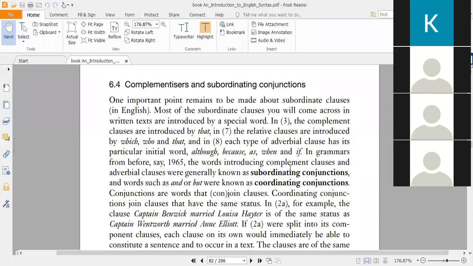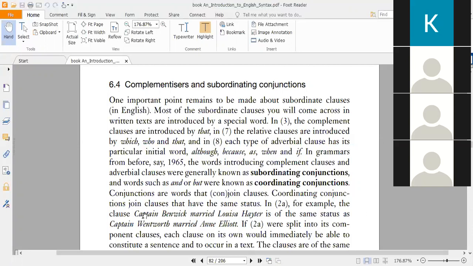In grammars from before, say 1965, the words introducing complement clauses and adverbial clauses were generally known as subordinating conjunctions. And words such as and, but were known as coordinating conjunctions. Conjunctions are words that join clauses. Coordinating conjunctions join clauses that have the same status.